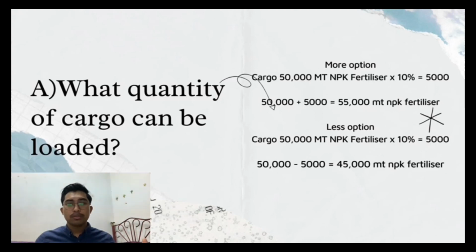So to answer this question, I will explain what the quantity of cargo that can be loaded means. When calculating the cost of a journey, one of the most significant factors to take into consideration is the maximum amount of cargo that can be carried onto the vessel.